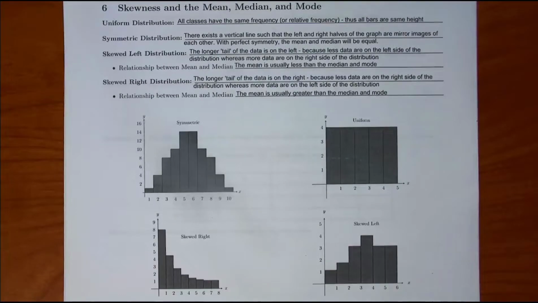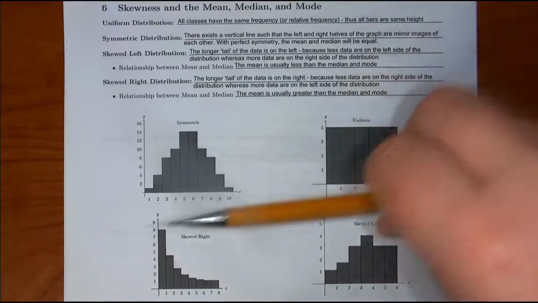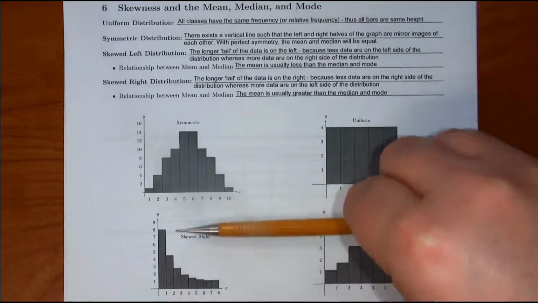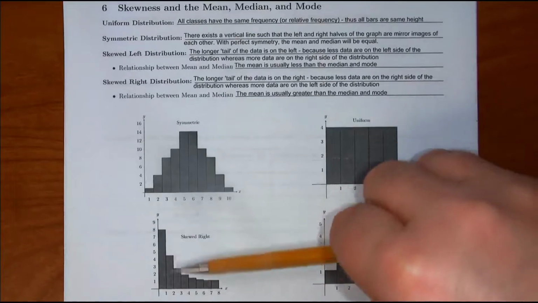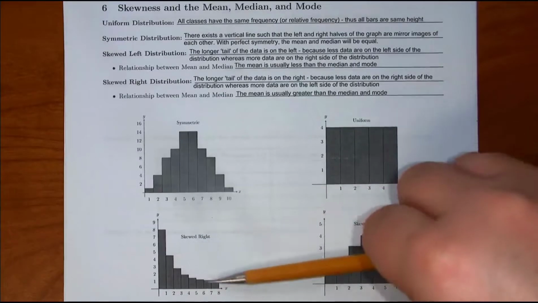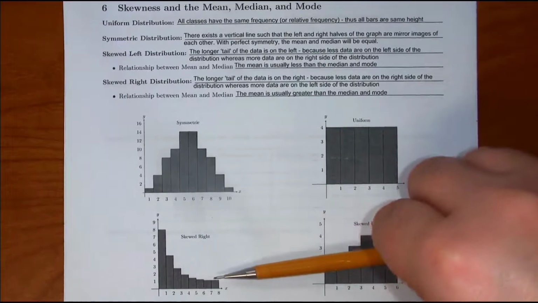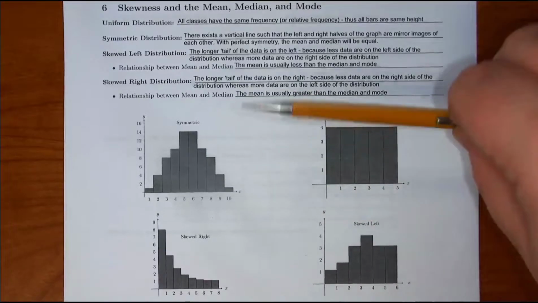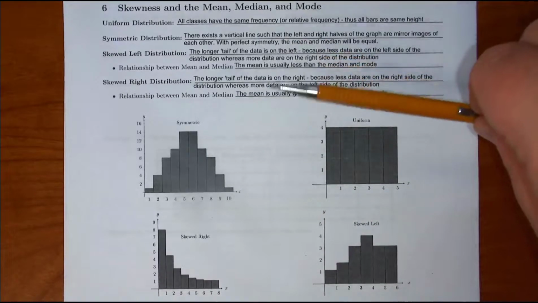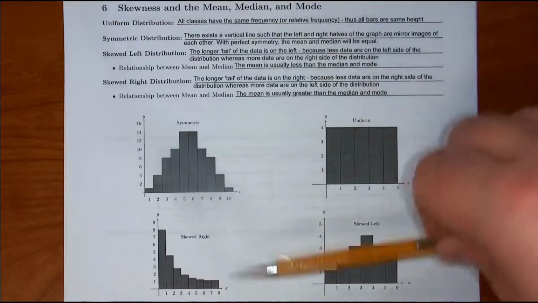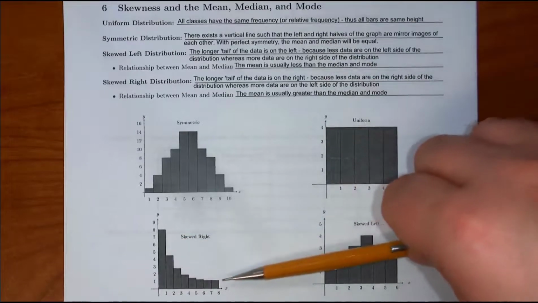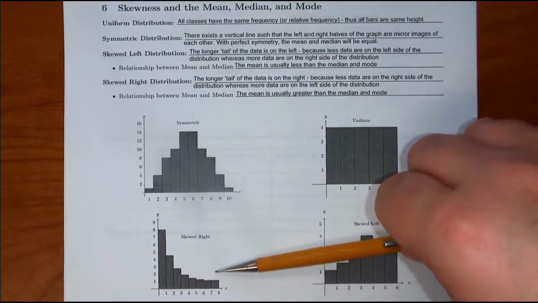Now, remember what I said earlier, looking at these graphs: where the graph is tall, that means there's more data. Where the graph is short, there's less data, because bar heights represent the amount of data. So here, a skewed right distribution has less data on the right side.